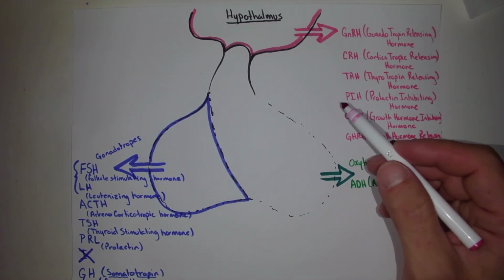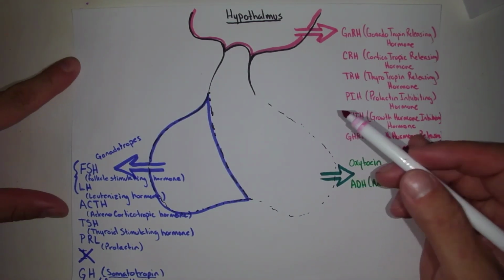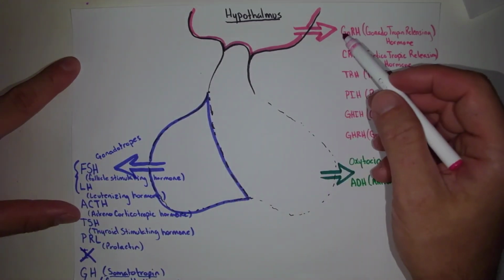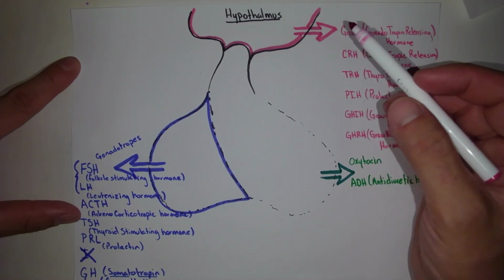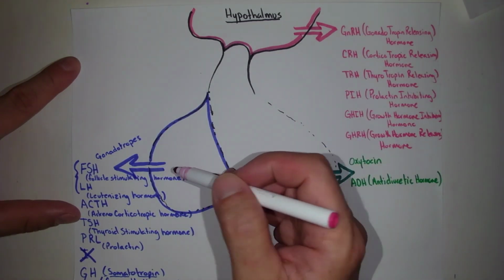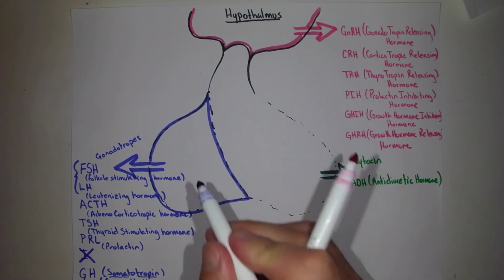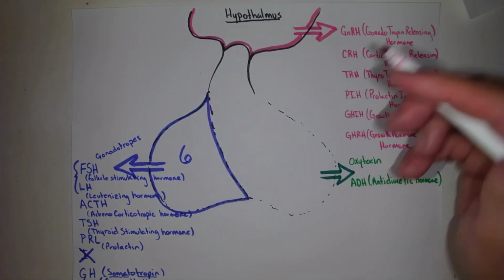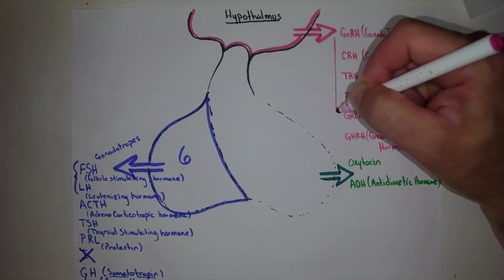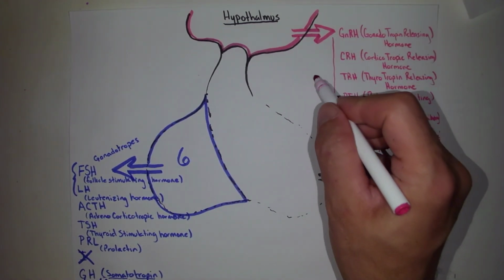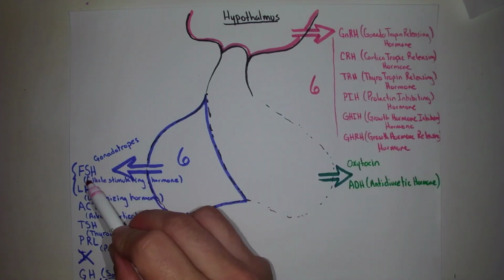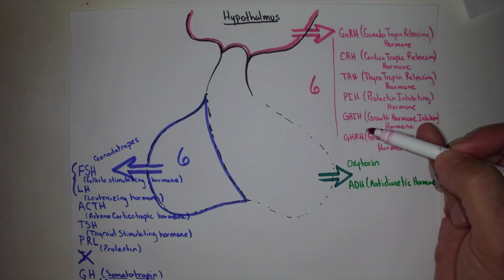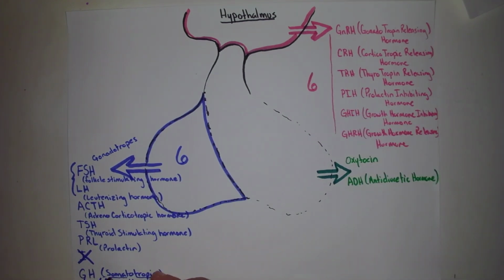Now, in this case, it doesn't cause its release, it inhibits its release. Now, for these two, we had one regulating them. So if we're going to have 6 anterior pituitary hormones that are controlled by 6 hypothalamic hormones, and the first 2 are controlled by 1, well, the last 2 better control 1.